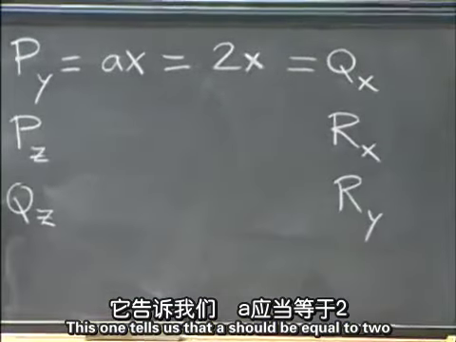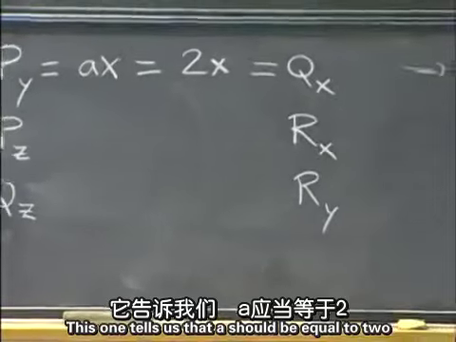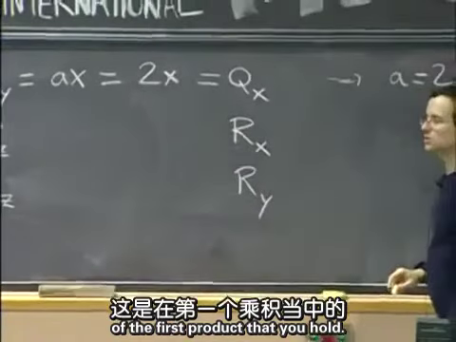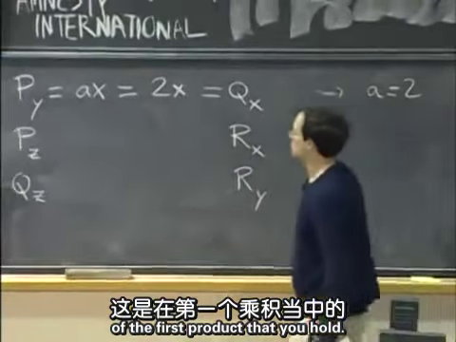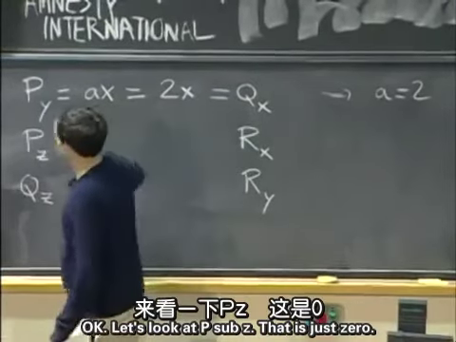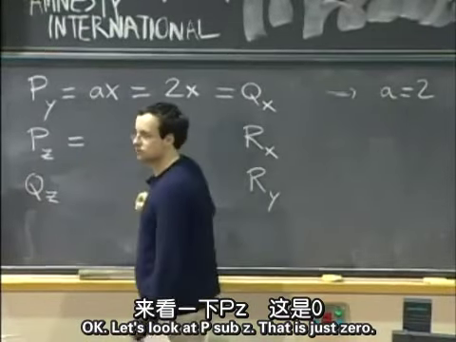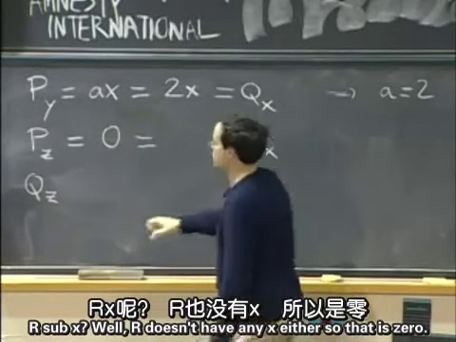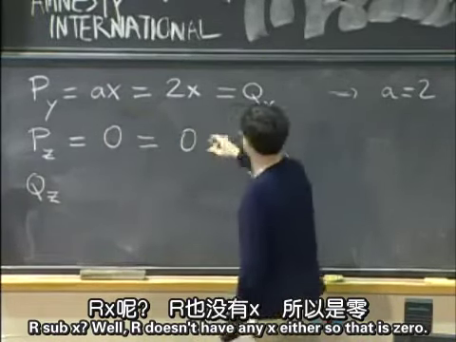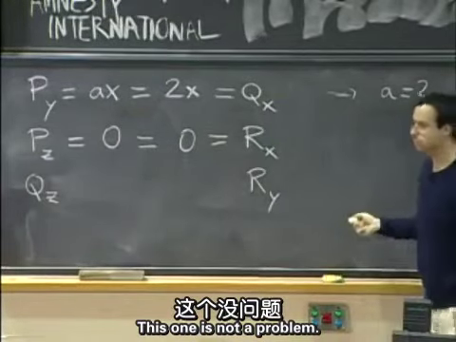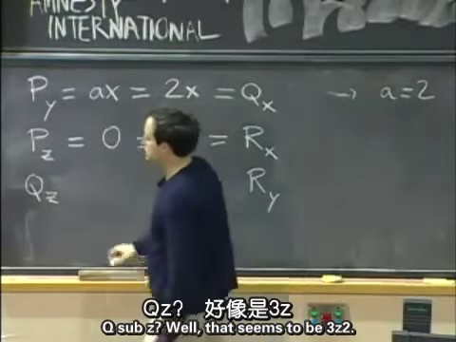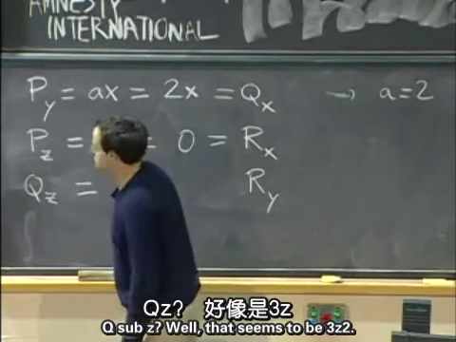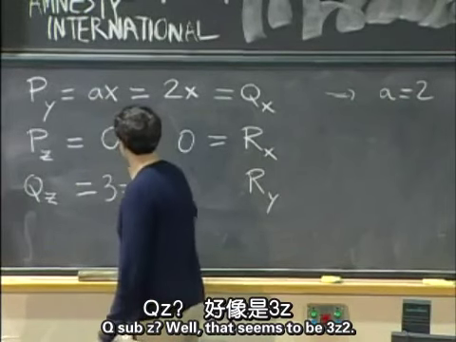So this one tells us that a should be equal to 2 for the first property to hold. Let's look at P sub z. That's just 0. R sub x, well, R doesn't have any x either, so that's 0. So this one isn't a problem. Q sub z, well, that seems to be 3z squared.